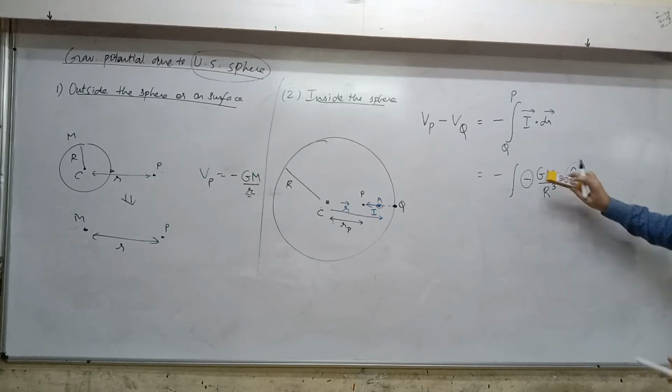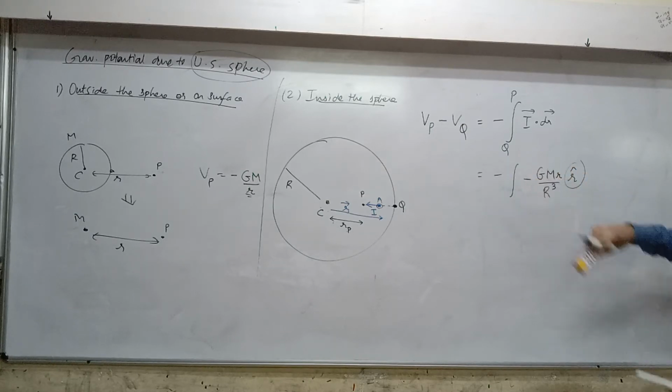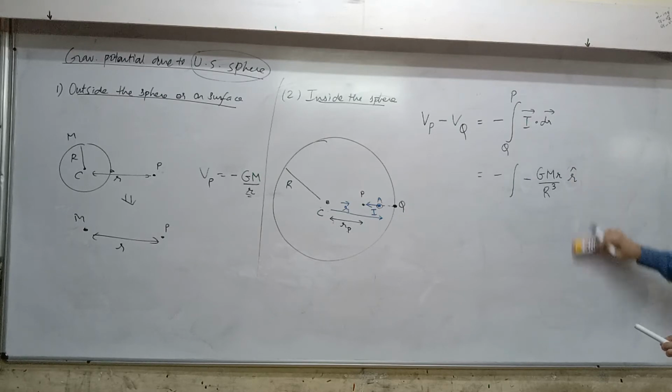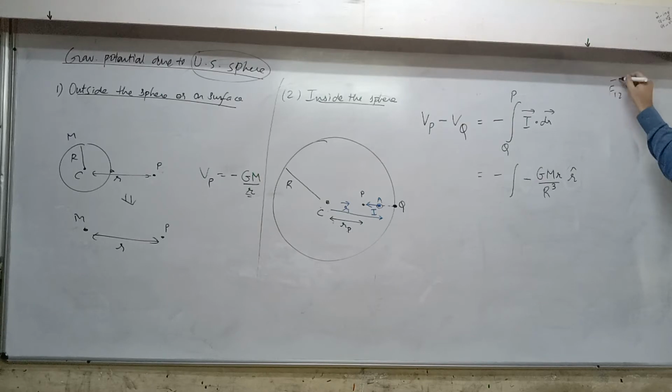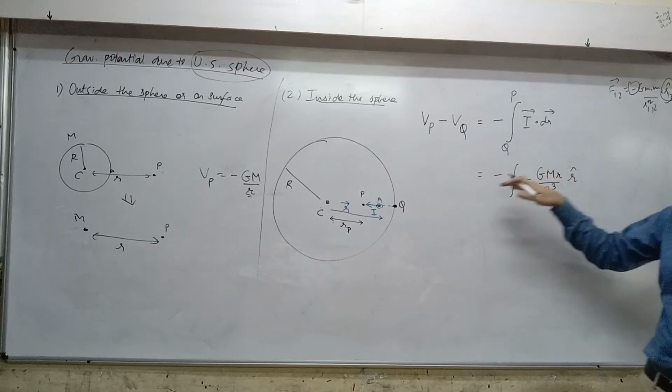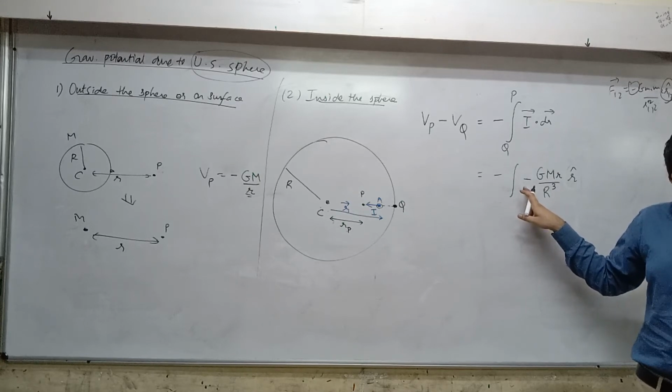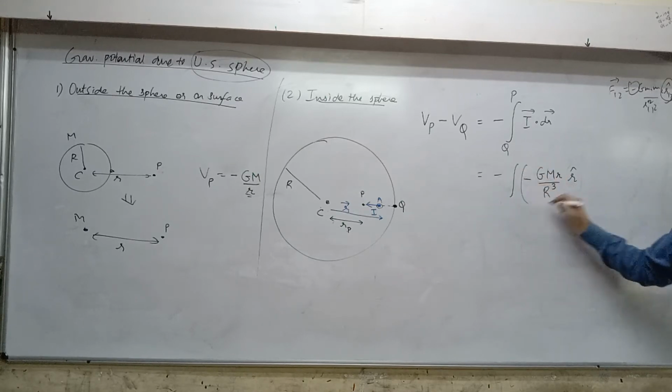So the minus here indicates the direction opposite to R. Like in Newton's law of gravitation, we wrote F12 vector equal to minus Gm1m2 upon r12 square, then r12 hat. What is this minus and r12 hat indicating? Direction opposite to r12. Similarly here, it is opposite to R vector. So this is I vector.